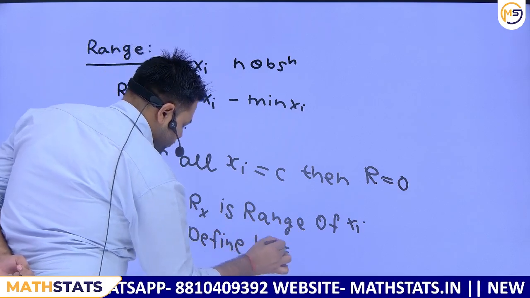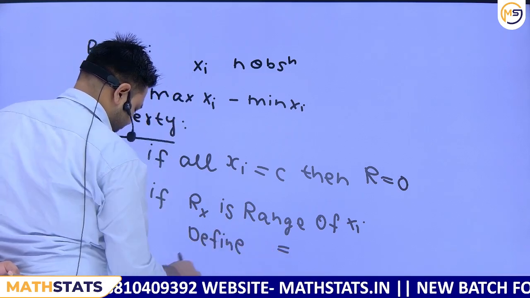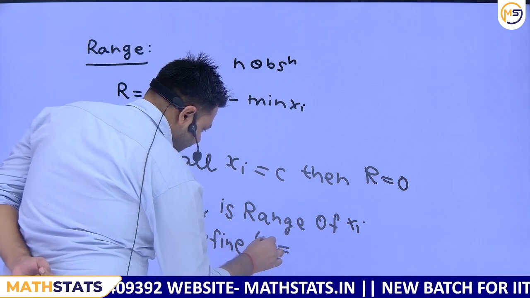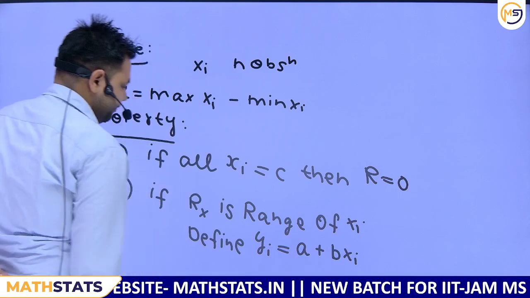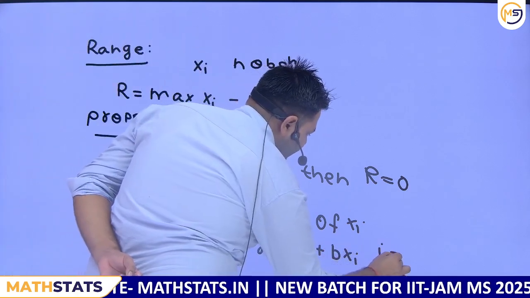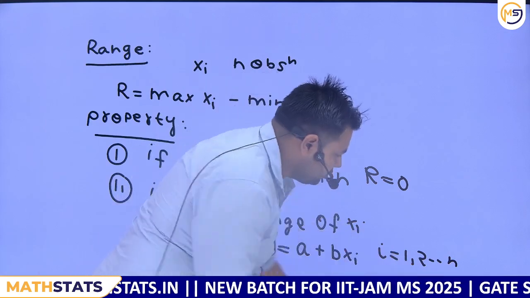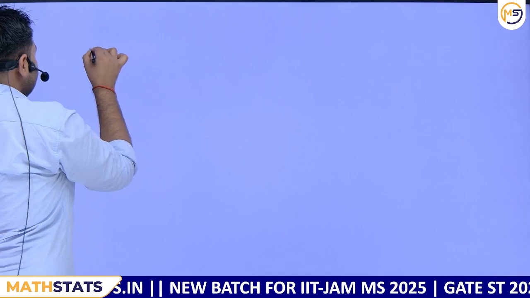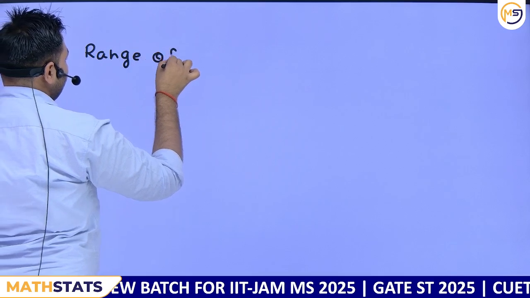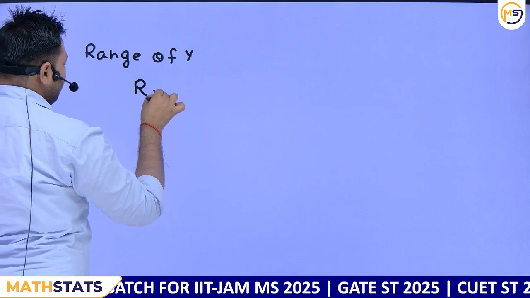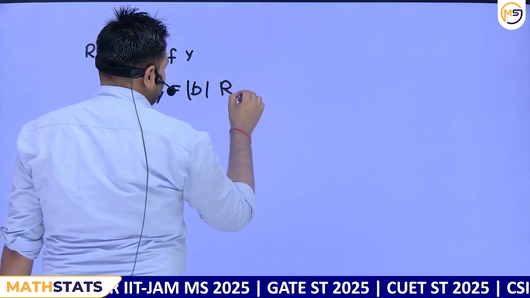Second property: let R of x be the range of xi. Define yi equal to a plus b xi, for each i equal to 1 to n. Then the range of y, denoted R of y, is equal to mod b times the range of x.